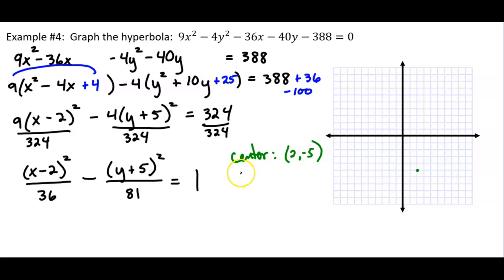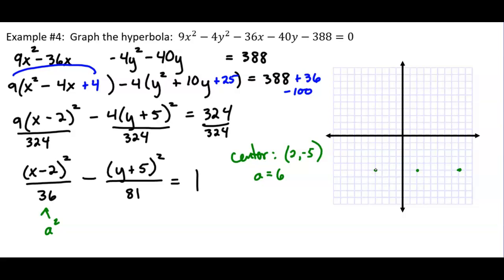So A is right here. That's a squared, right? So A is 6. So if I count from the center along the x-axis, now notice the 36 is under the part that has the x squared. So I'm going to go in the x direction, 6 units. 1, 2, 3, 4, 5, 6.